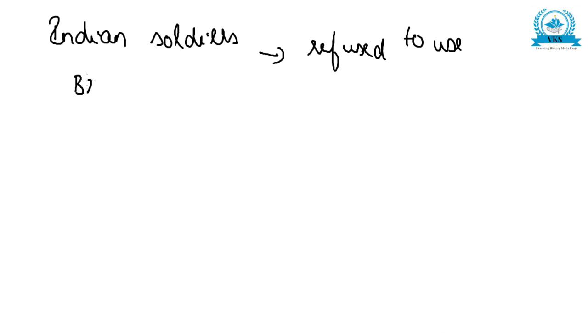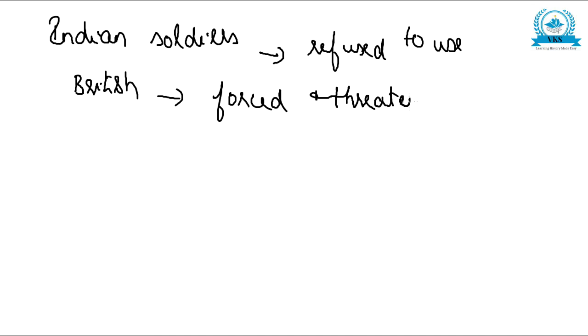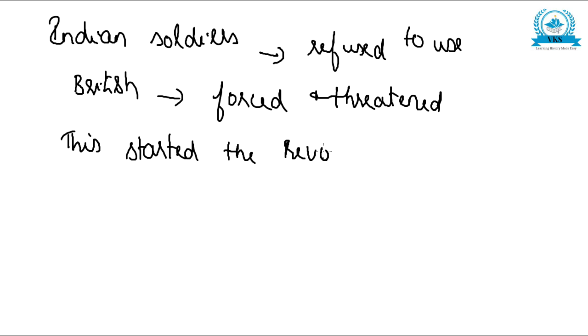And when the Indian soldiers refused to use it, the British forced and threatened them to use the rifle, and this started the revolt of 1857. Okay, this was the immediate cause for the revolt of 1857.